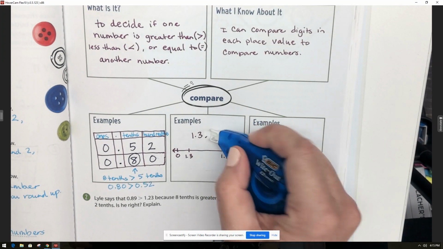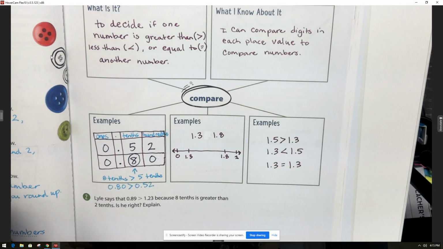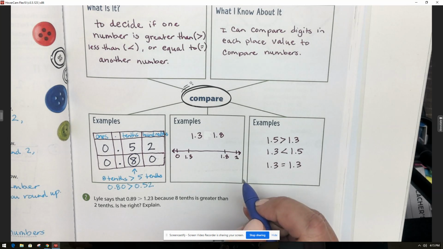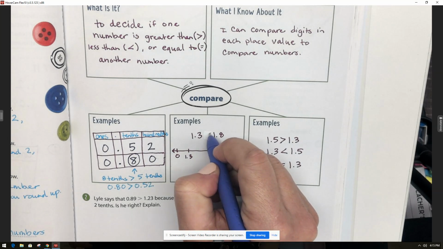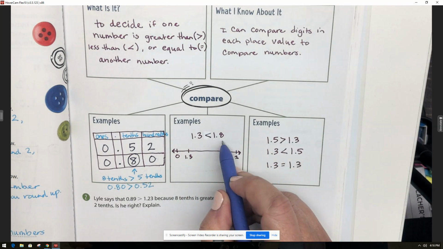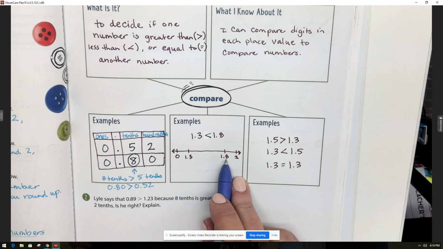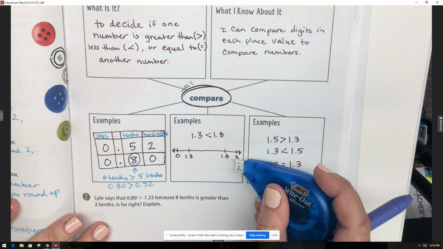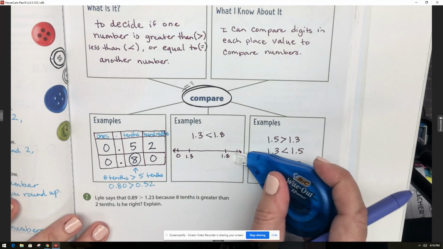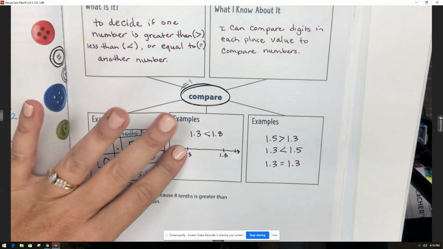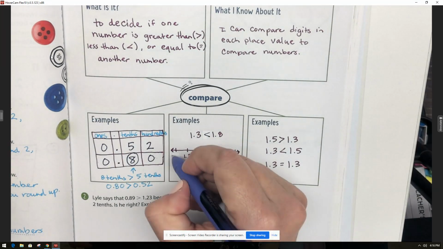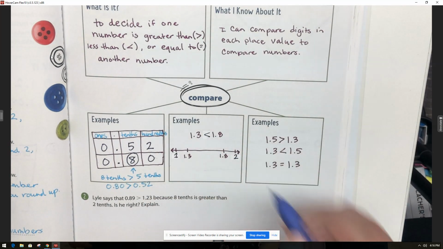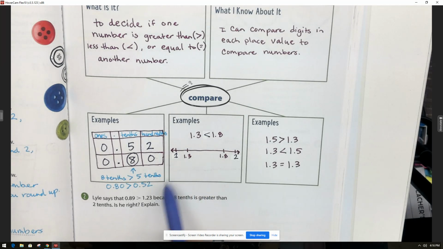Hmm, that should be a 2. Man, I'm just doing great today. We'll make this a 1 and this a 2. There we go. Now it's right.